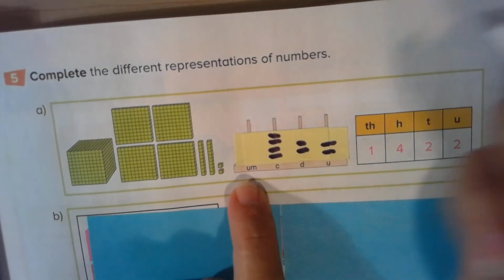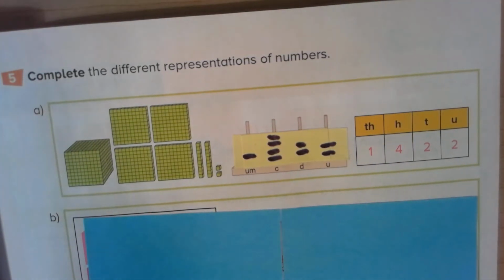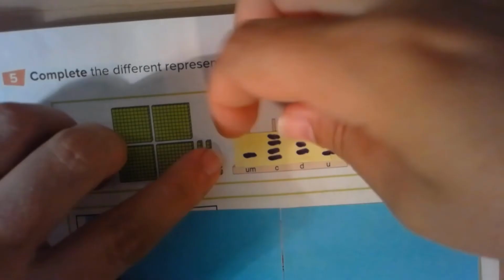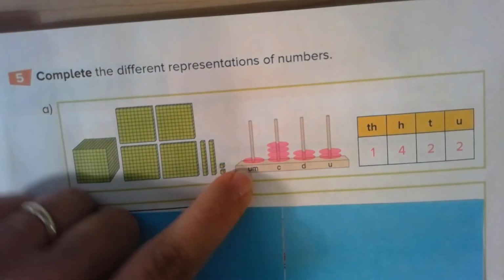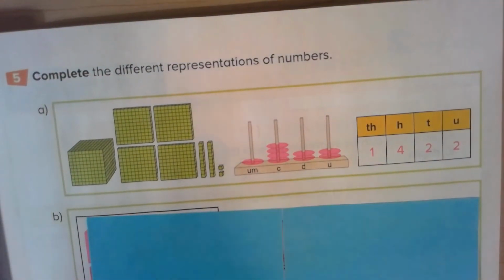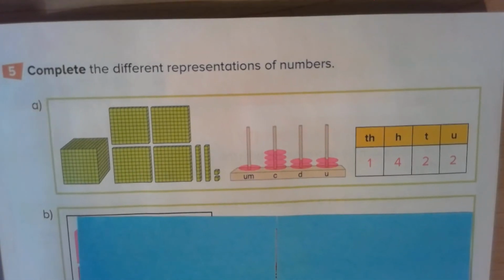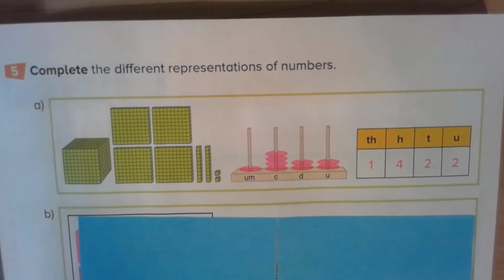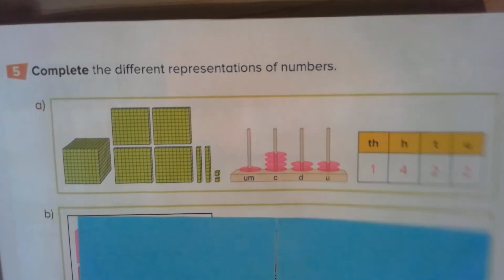And how many thousands? 1. 1,422. Let's check our answer. 1,422. Excellent. If you find that I'm going too fast, you can pause at any time and try to do it first before I tell you the answer, okay? Way to go.